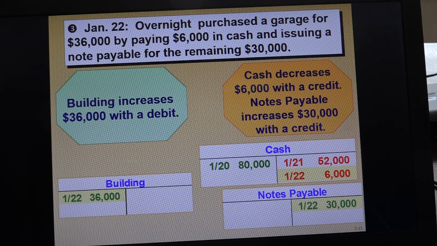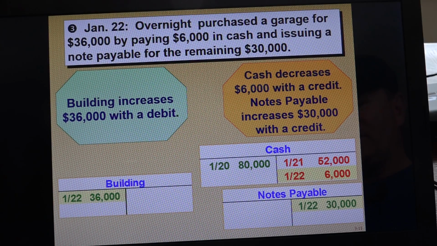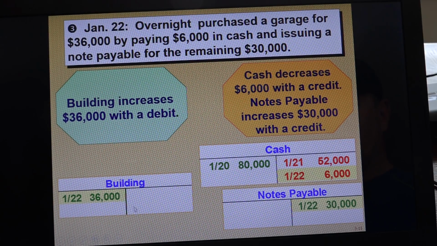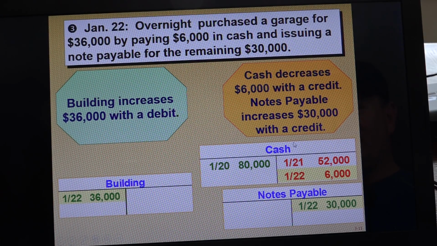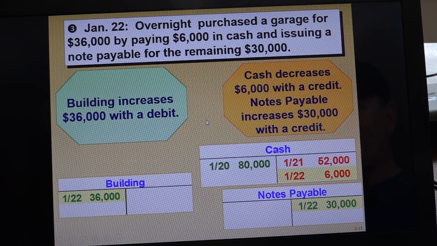And then we create a liability account and increase the notes payable account by $30,000, a credit. So notice our debits and our credits for this transaction are equal.